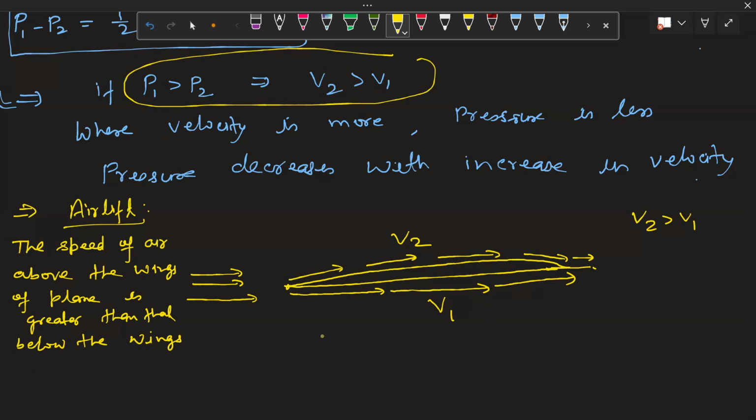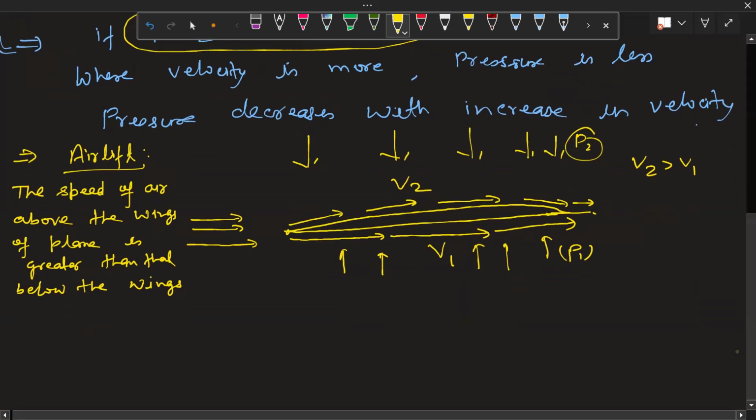So if I say here the pressure on the plane from the bottom part is P1, and from the top part, let's suppose the pressure on the plane is P2, then which will be greater, Anil, P1 or P2?